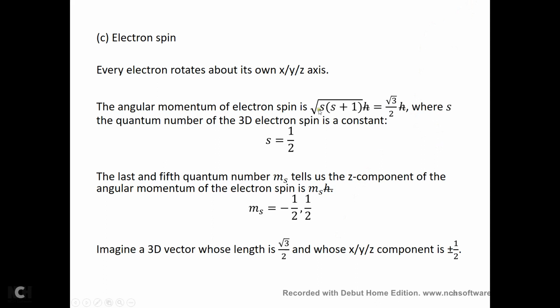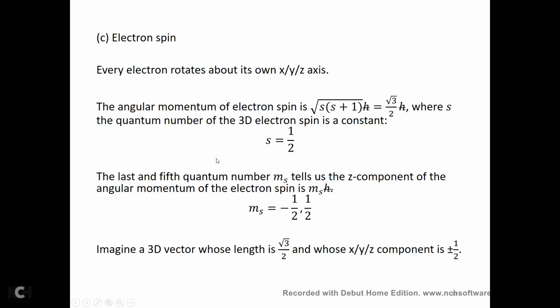The equation is the square root of s times s plus 1 and then times h bar. This s is the spin quantum number. It's 1/2. So you plug in 1/2 into this equation, you'll get the square root of 0.5 times 1.5. That's the square root of 3 over 2.